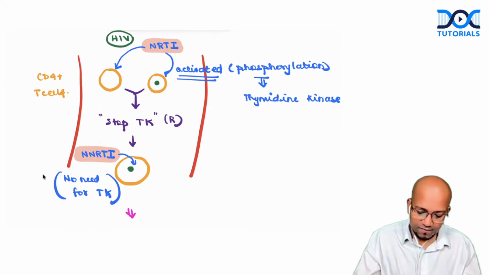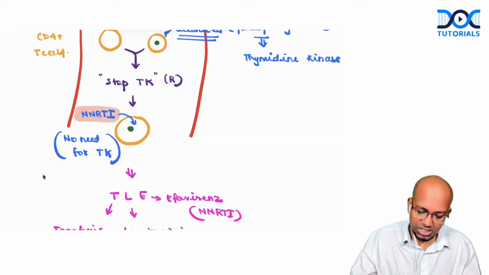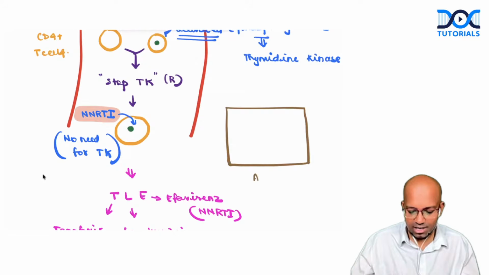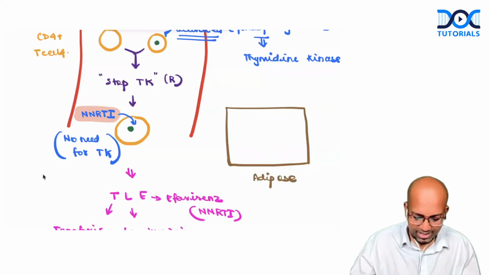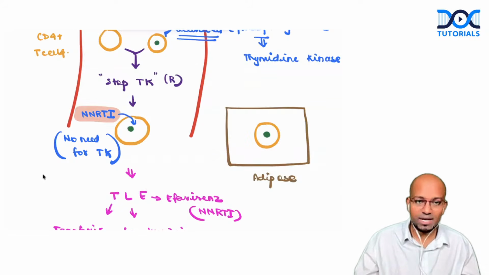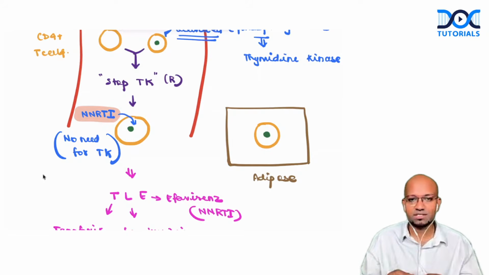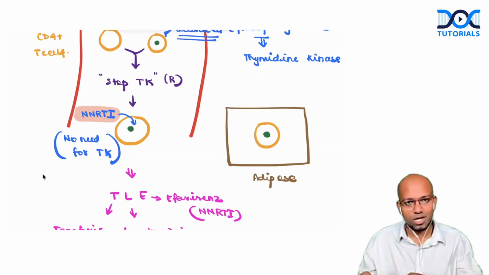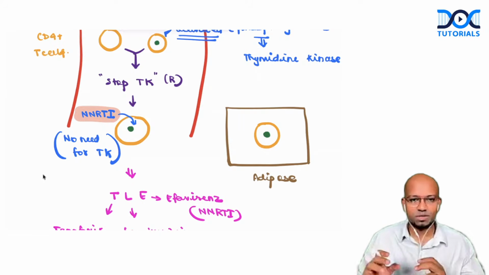We also have certain CD4 plus T cells in the adipose tissue. Inside the adipose tissue, there are certain CD4 plus T cells, and these viruses in turn will be infecting those CD4 plus T cells. Simply, these viruses are running out from the blood vessel into those adipocytes, which contain those CD4 plus T cells.